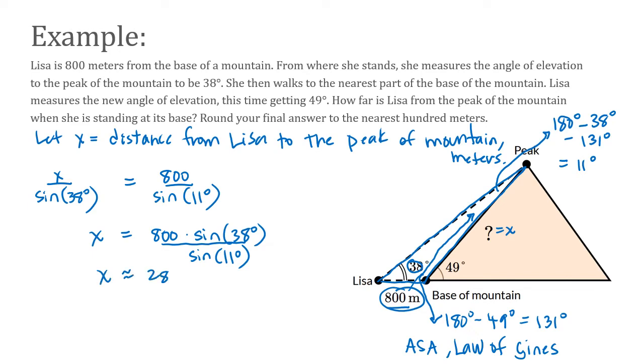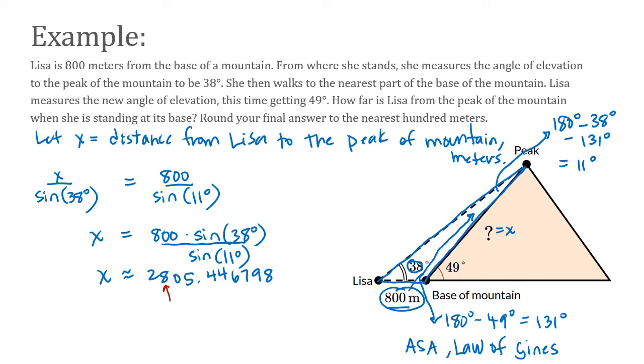approximately 2805.446798. And they want me to round to the nearest 100 meter. Now, that's not hundredths, that's 100. And the 8 is in the 100 position. The 0 tells me not to round up, but actually to round down.